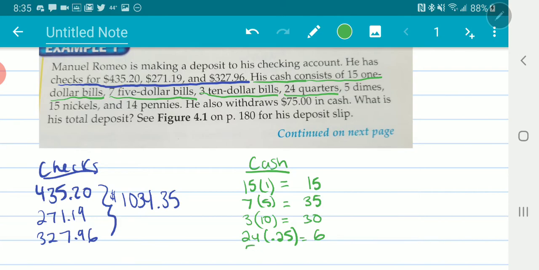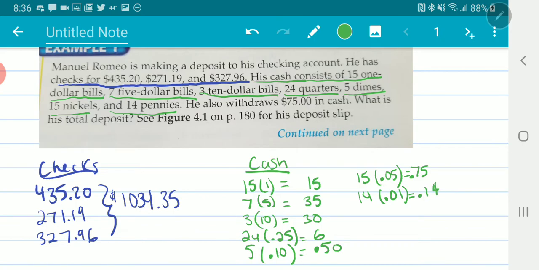Okay. 5 dimes. 5 times 0.10 is equal to 50 cents. 15 nickels. 15 nickels times 0.05, 15 times 0.05, is 75 cents. And 14 pennies is just 0.14.